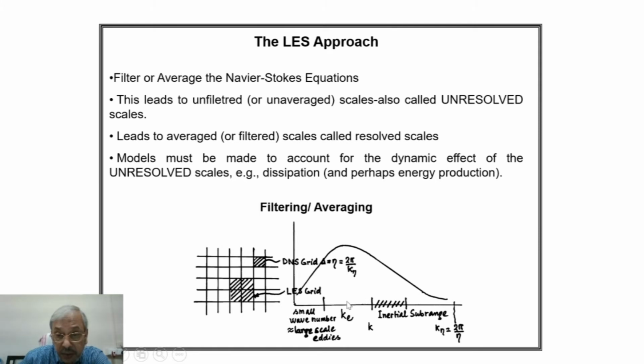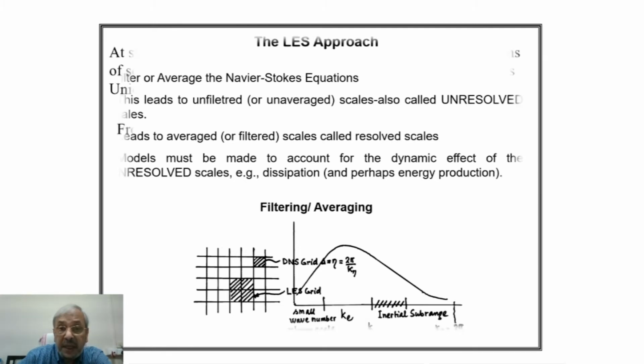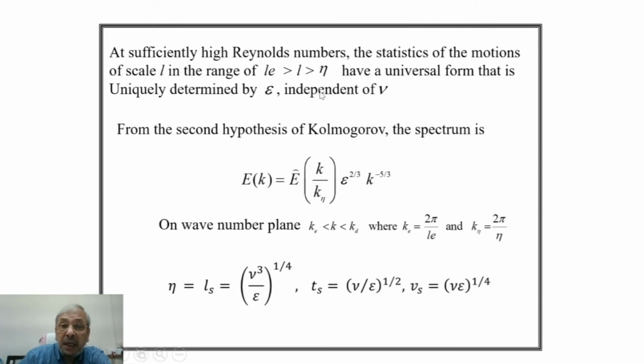It is greater than LE and less than η, somewhere here. So basically a universal form that is uniquely determined by dissipation, independent of ν.